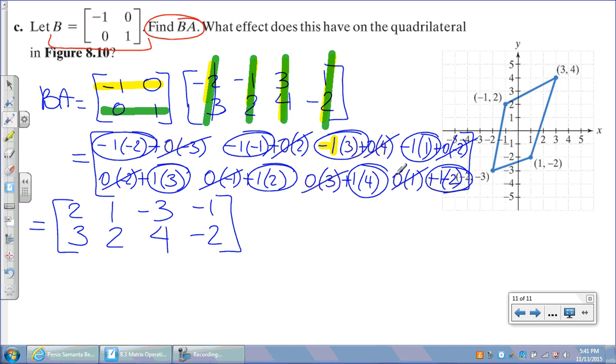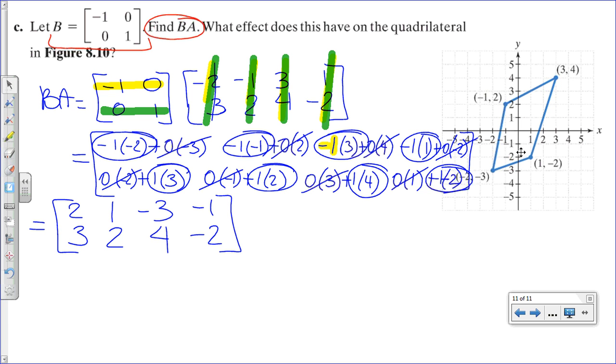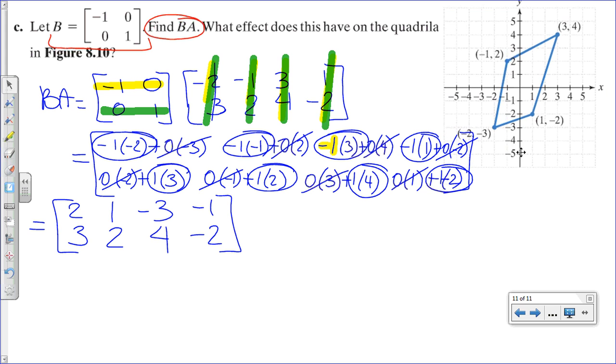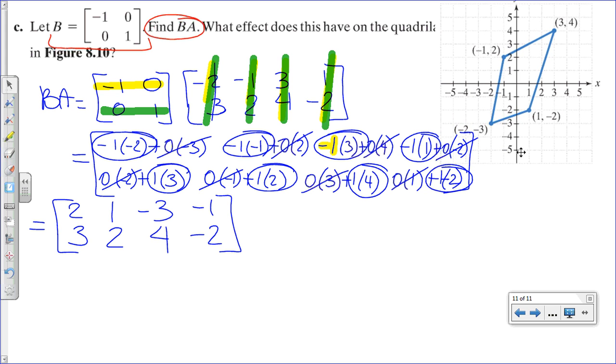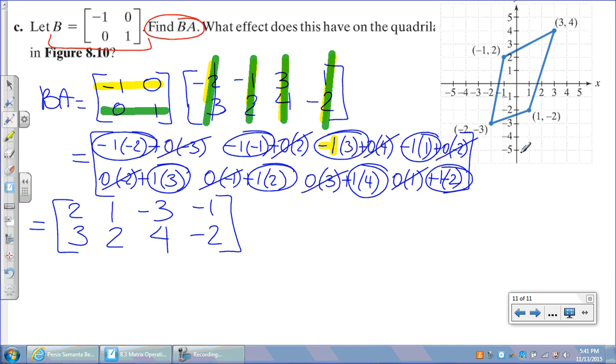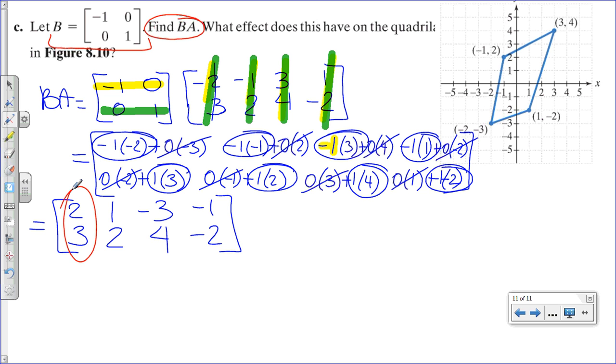So now let's plot the points of that matrix here on our grid, and let's see what kind of shape we get. So our first point is 2, 3. Second point is 1, 2.